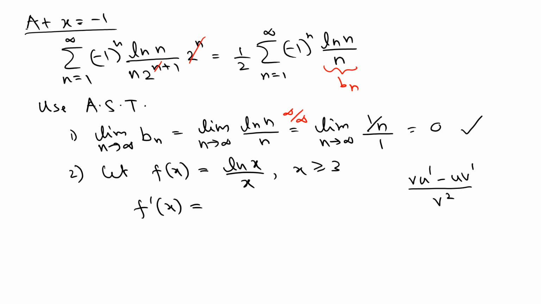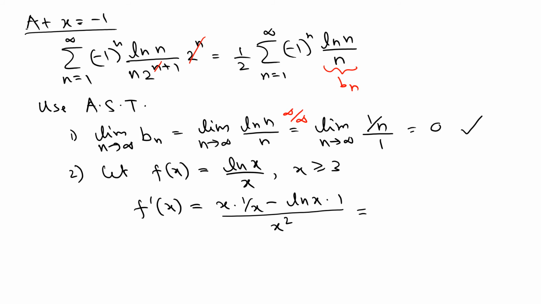So I'm going to erase this and write it above: v u prime minus u v prime over v squared. The x gets cancelled, so you get 1 minus ln x over x squared.